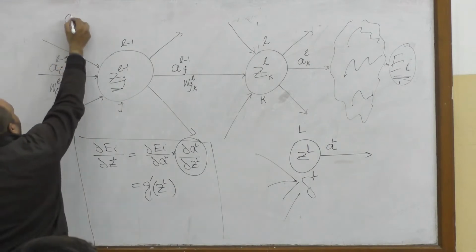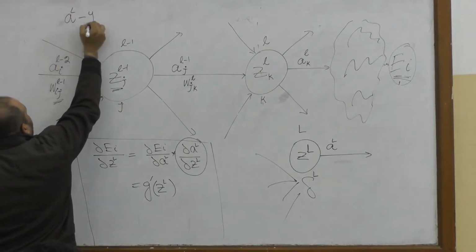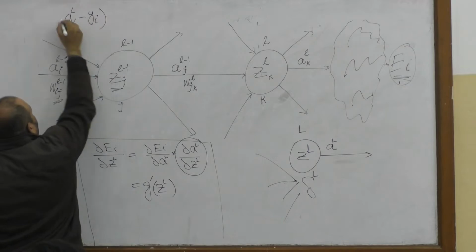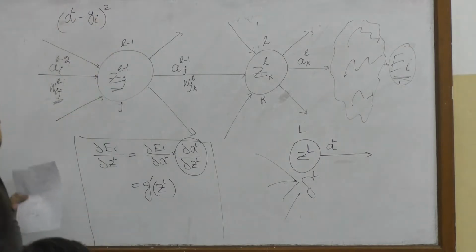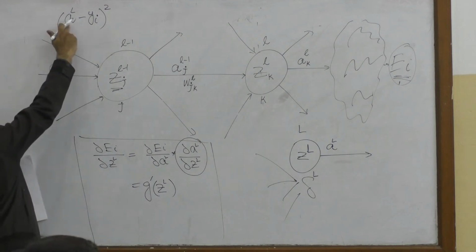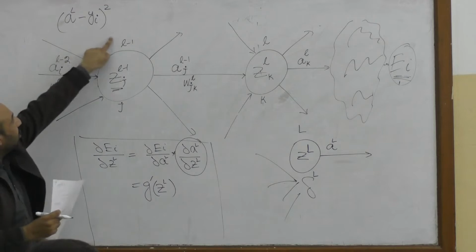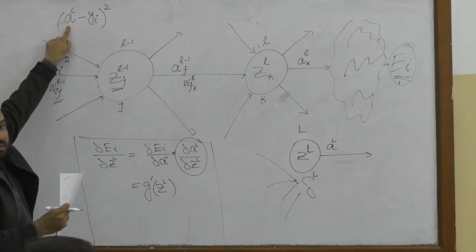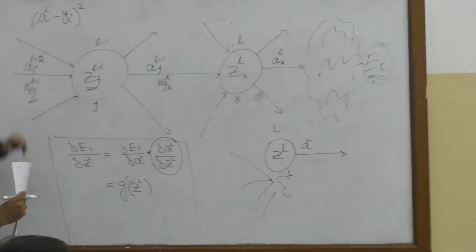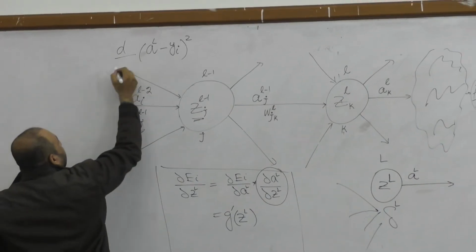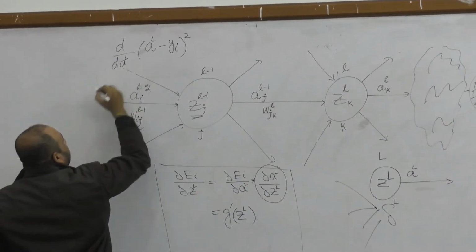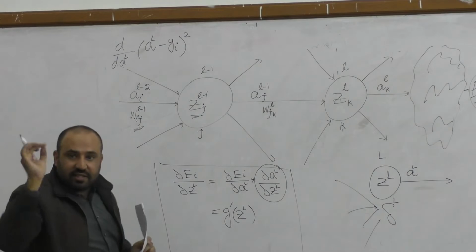Your error, if you remember, is the following. This is your error, E_i. I was calling this y hat, now it is AL. If I differentiate this function with respect to this variable, what will it be? What is the derivative of this with respect to AL? L is not a power, it is just a superscript.